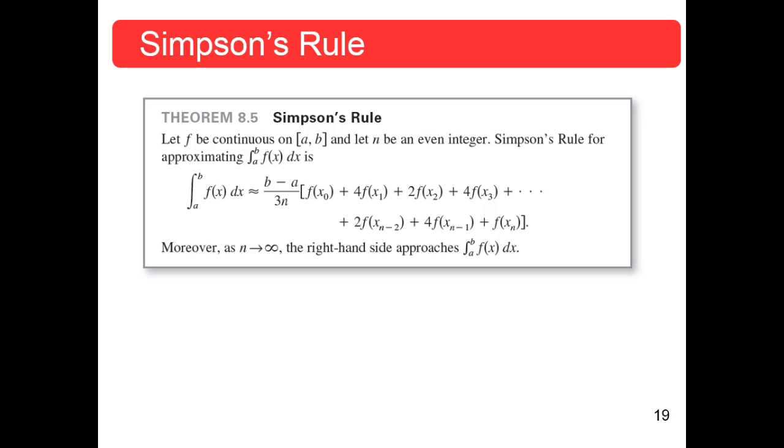So your first point and your last point, 1 weight. Your odds, you have 4 weights, and then the other evens, you have 2 weights. One from one interval and one from the next. Moreover, as n approaches infinity, the right-hand side approaches the integral. Okay? So as you let the n get larger and larger, that's Simpson's rule.